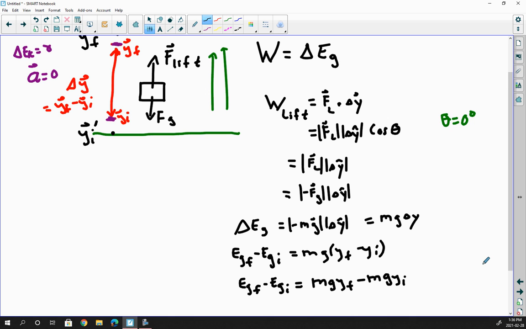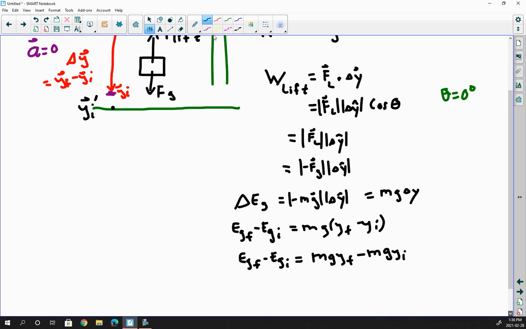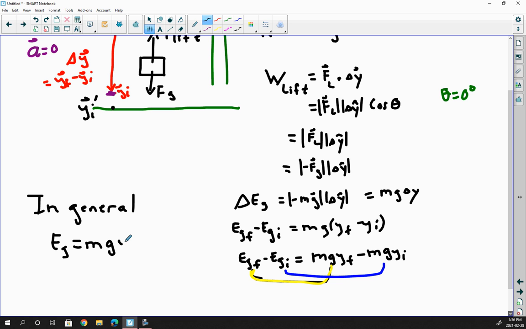And now I can see a pattern here. Let me change the color. This is the equation for the final gravitational potential energy. This is the equation for the initial gravitational potential energy. So in general, if you want an equation for gravitational potential energy, it's just mg y, wherever it is. This is an equation we had in grade 11. We used an h instead of a y, but nevertheless, there you have it.